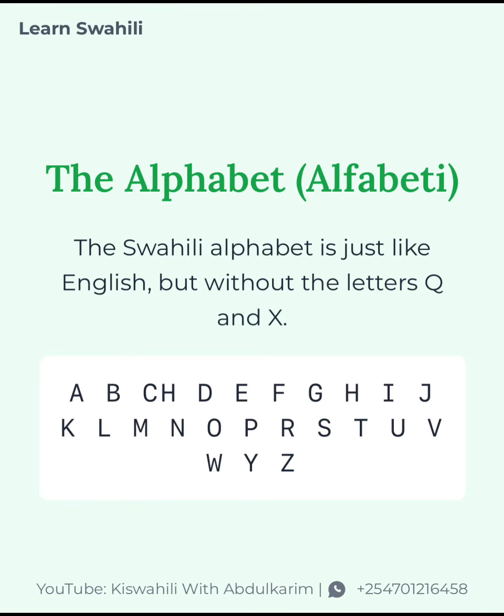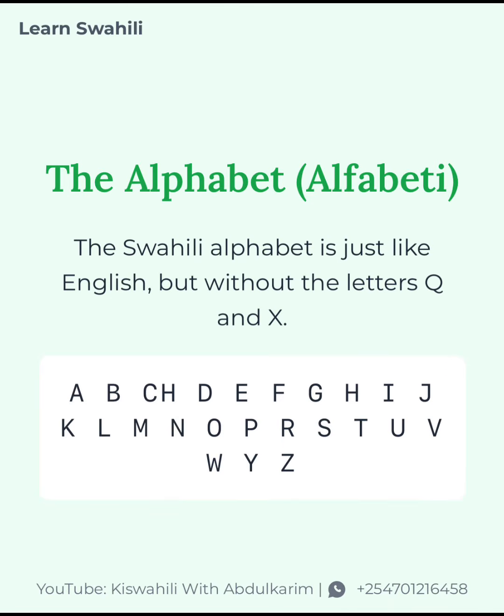Next, D. Next, E. Next, F. Next, G. Next, H. Next, J. Next, K. Next, L. Next, M. Next, N. Next, O. Next, P. Next, R. Next, S. Next, T. Next, U. Next, V. Next, W. Next, Y. Next, Z.